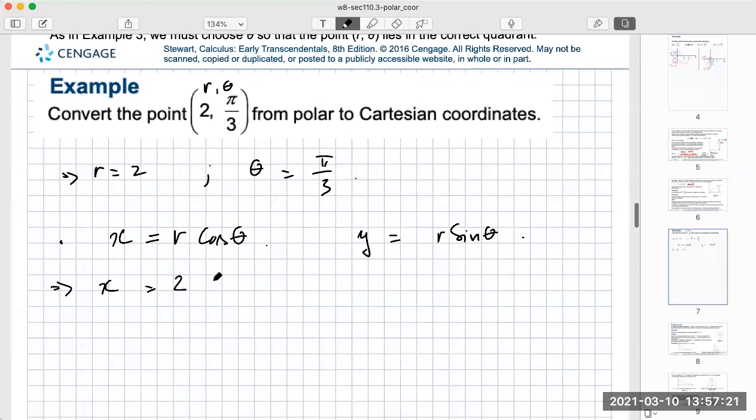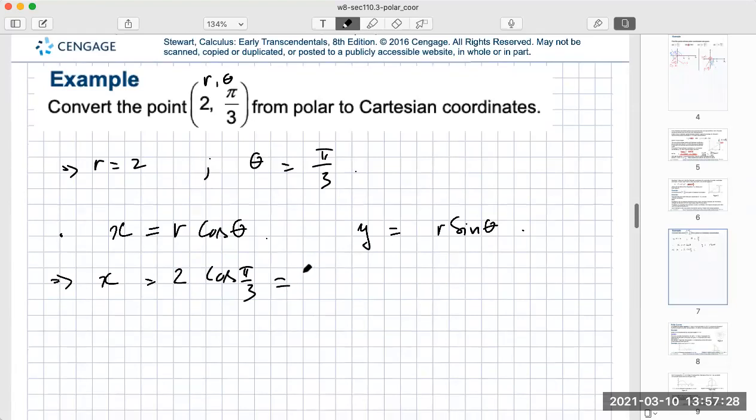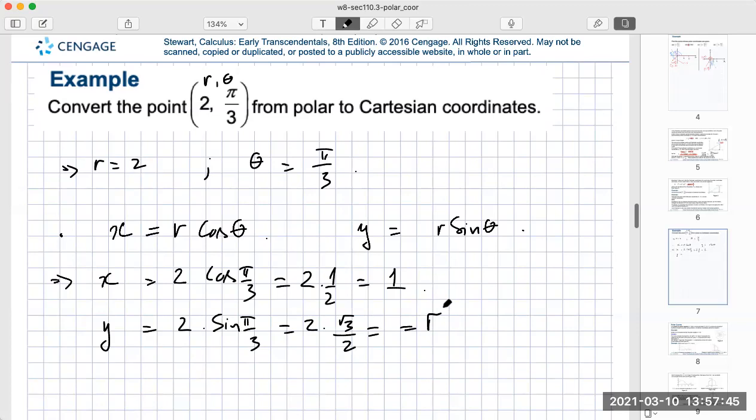R is 2 and cosine of pi over 3. So what is cosine of pi over 3? Yes, which means 2 times 1/2. And it is? Yes. And y? Yes. Therefore, it is square root of 3, right? Very good. Thank you, Mia and Trinity.